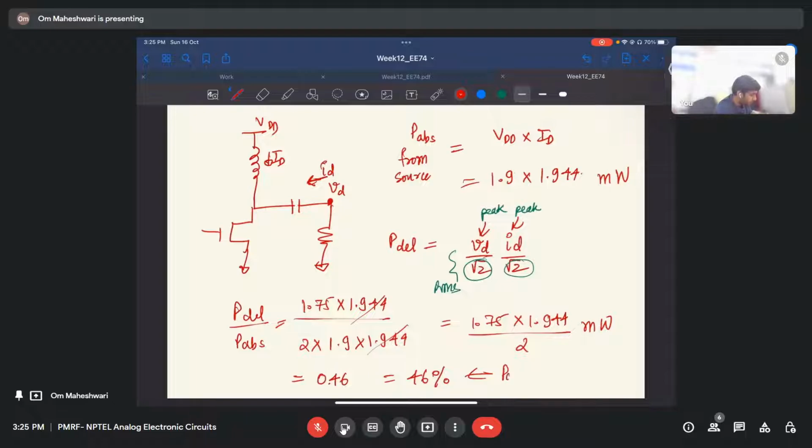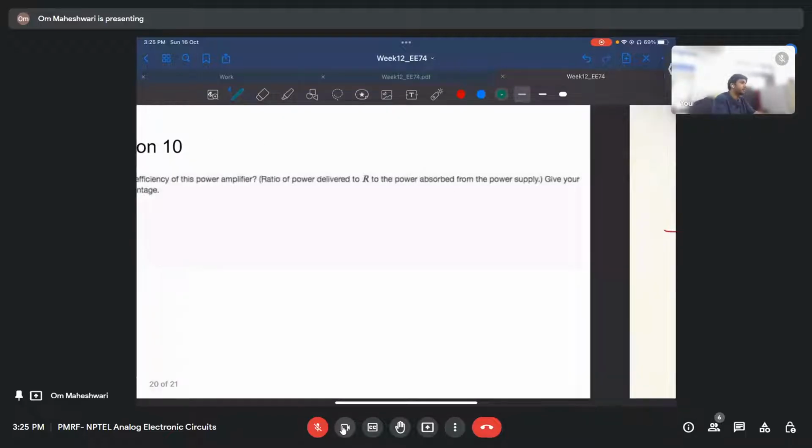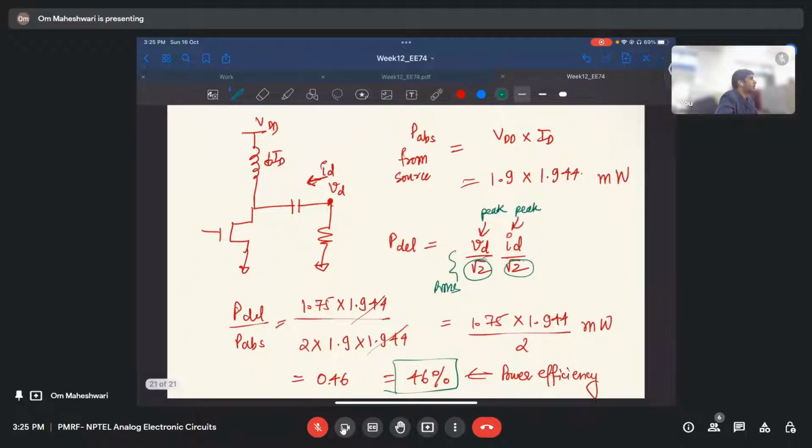That is the power efficiency. Is this clear? Yes, sir.